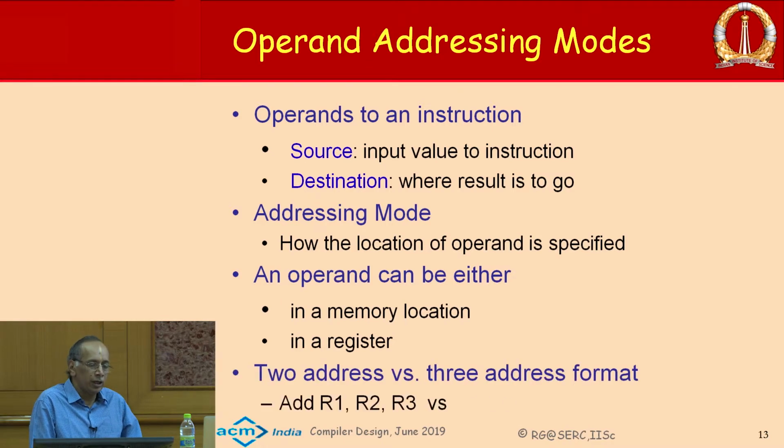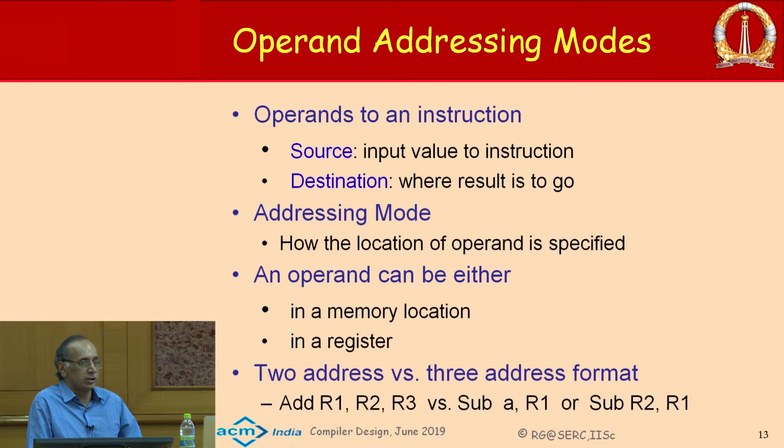As I mentioned earlier, addressing mode is essentially how you specify the operand, and the operand itself can be in a register or it could be in the memory, right. First, we are going to see in a little more detail how I specify the operand when it is in the memory. If it is in the register, of course, I can specify the register number, and that itself is enough. There is something in between, which typically falls in the in-memory category.